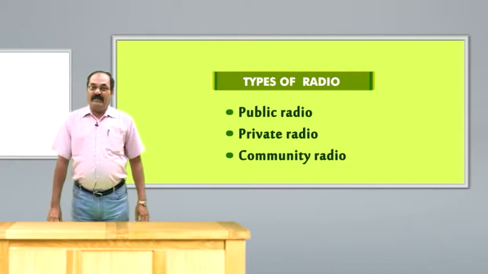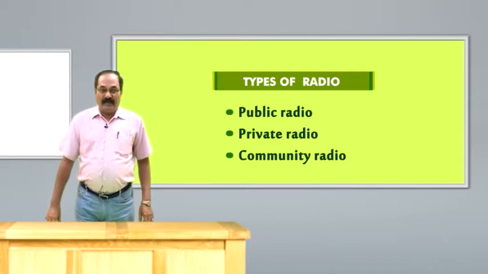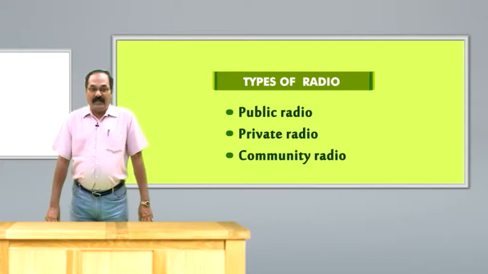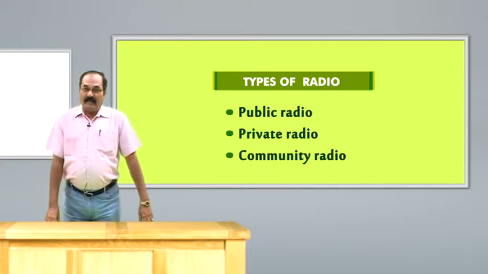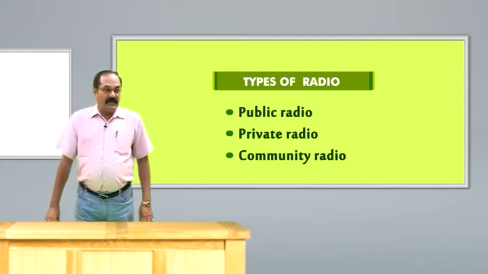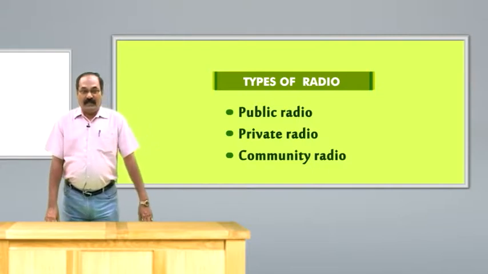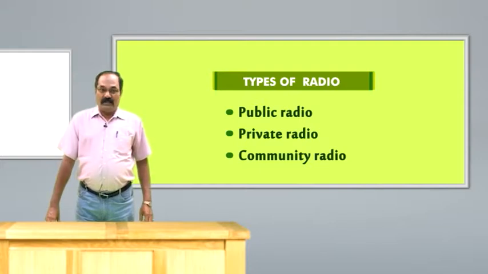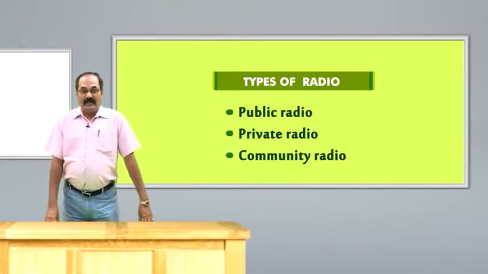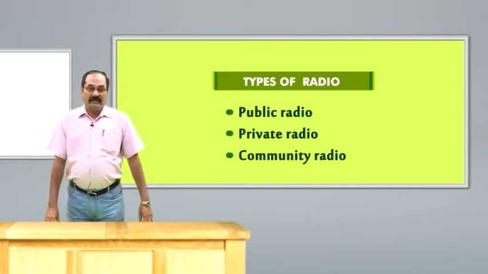There are three types of radio we have at present. One is public radio, second is private radio, third is community radio. The public radio is owned and operated by the government. Its purpose is to serve the general public in the way that the government thinks is best.